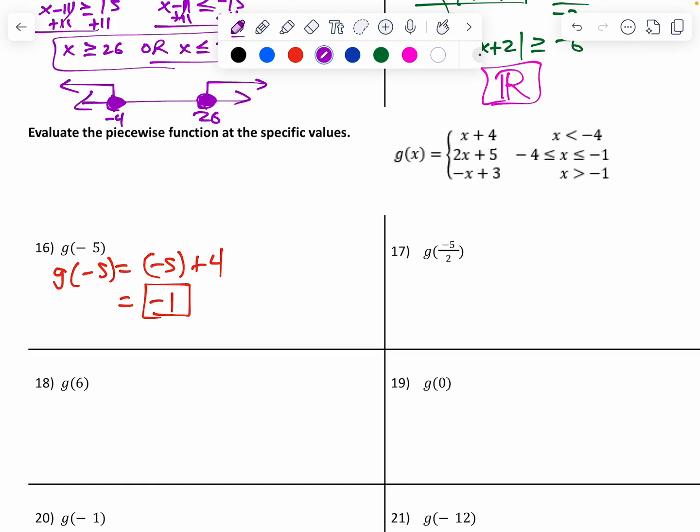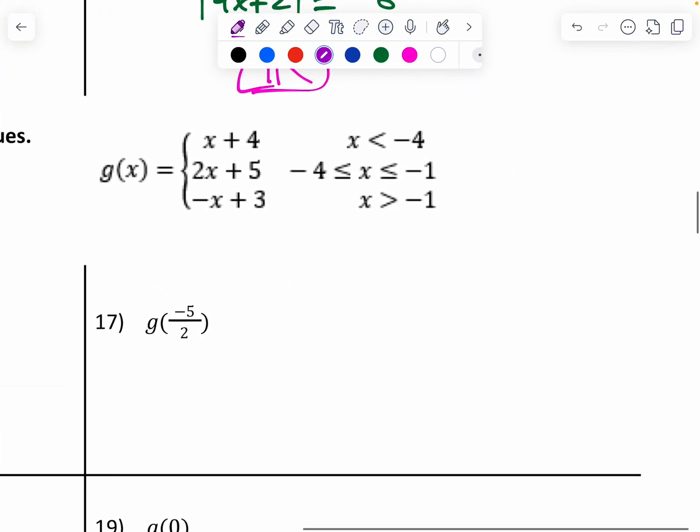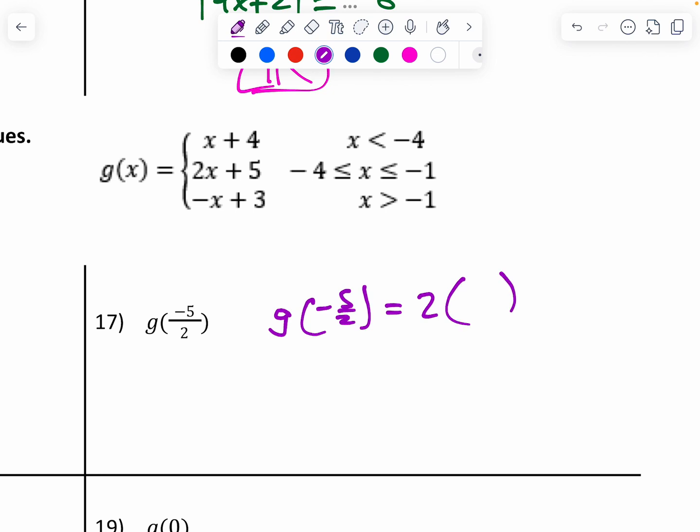And, excuse me, number 17 is -5/2. So fraction, if you don't know exactly what that is, use your calculator. That's going to be -2.5, which is right between -4 and -1. So that's going to be using that middle function, 2 parentheses plus 5.